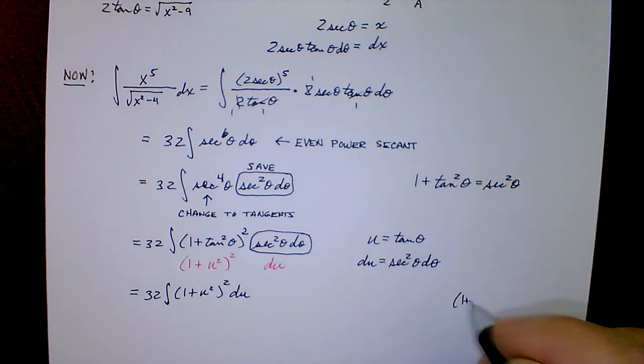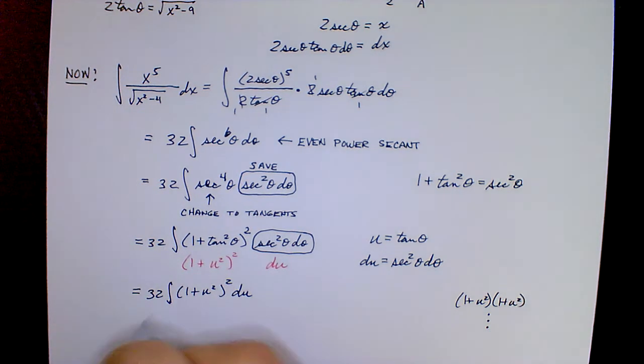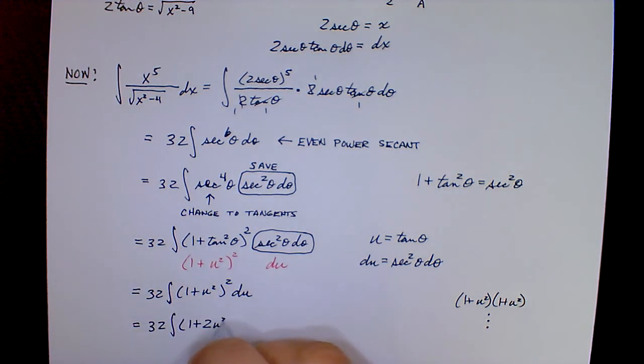So if you want, take it off to the side and FOIL it. Shortcut method for squaring a binomial if you like. Remember, if it's cubed or higher, Pascal's triangle and the binomial theorem. But here, squaring, we get 1 plus 2u squared plus u to the fourth, with respect to u, 32 tags along.